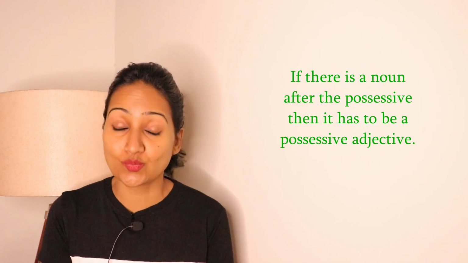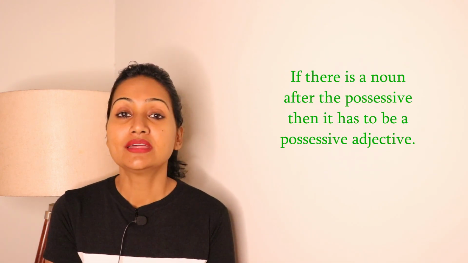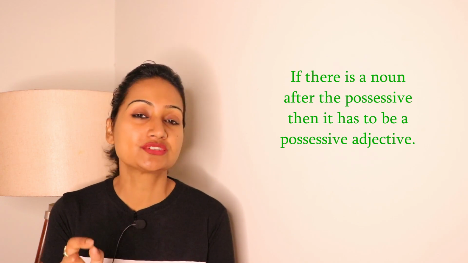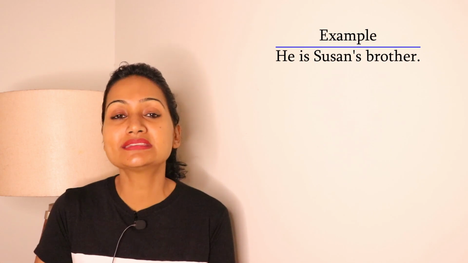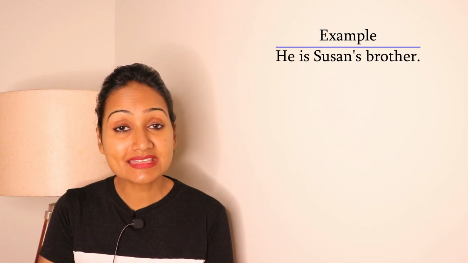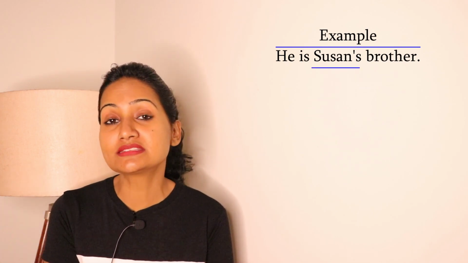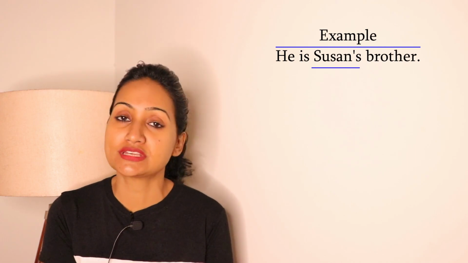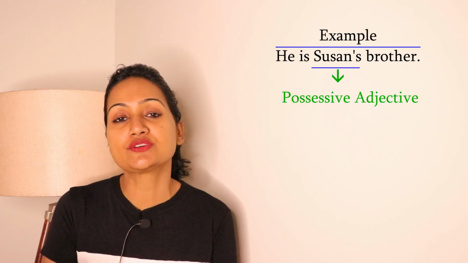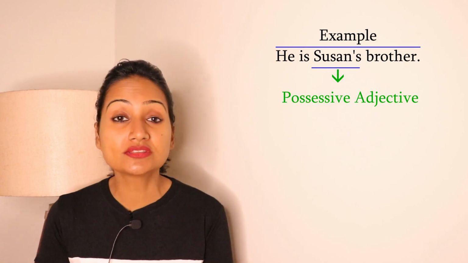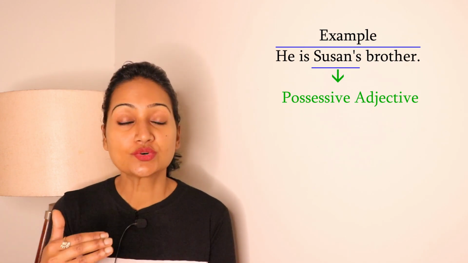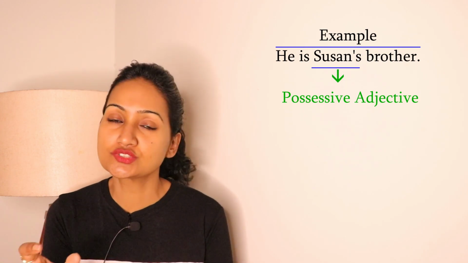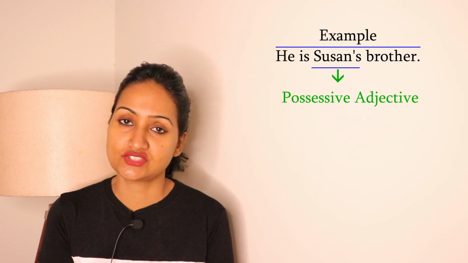So that depends on the sentence. For example, if there is a noun after the name, then it has to be a possessive adjective. For example, he is Suzanne's brother. So Suzanne's brother, Suzanne's, this word is a possessive adjective because it modifies the noun brother. Brother is a noun. So Suzanne's is a possessive adjective.